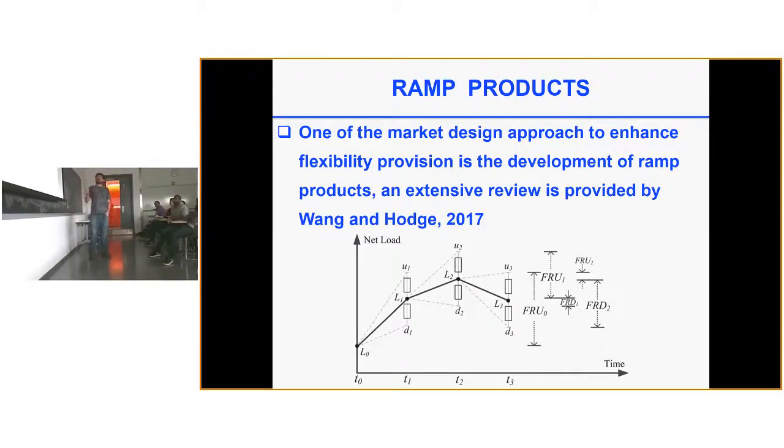And one of the other means that were taken to provide flexibility is the ramp products. This paper by Wang and Hodge show an extensive review of these, what they call flexible ramping products. But basically, it's guaranteeing that at each period, T0, T1, T2, T3, you can guarantee a certain ramping up capability.